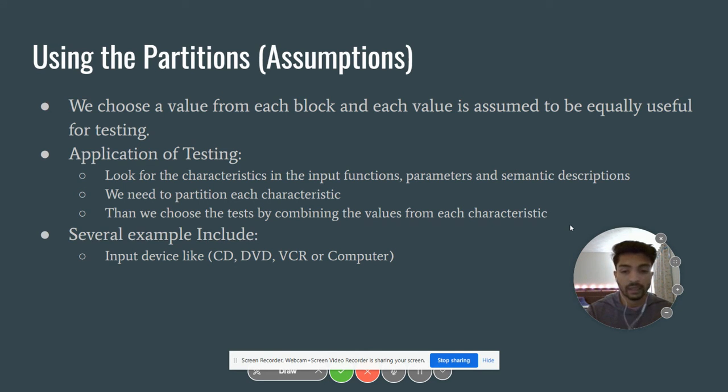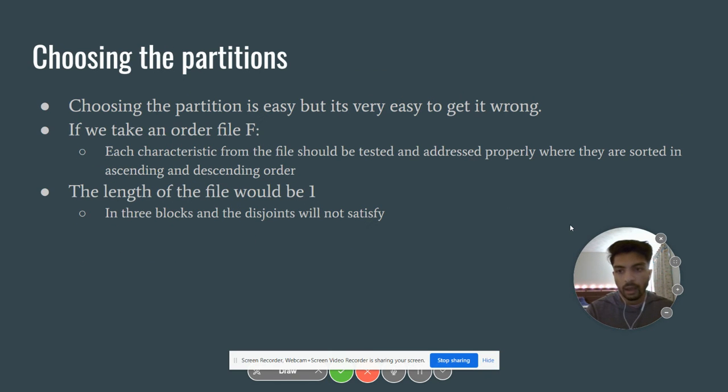There are a bunch of examples where partitions are used, like input devices such as CD, DVD, VCR, or any computers. Choosing the partitioning is pretty easy, but it's also very easy to get it wrong when we're trying to do the testing implementation.